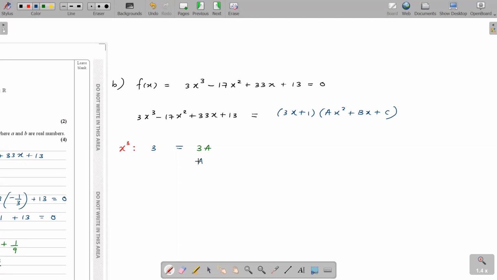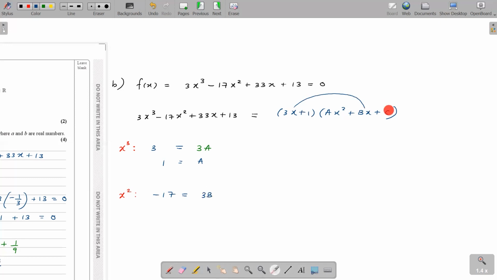So a equals 1. Okay, and then the next one. Shall we compare the coefficient for the constant? It's a lot easier. Or else we can go for the x squared. Okay, we'll go for x squared. We'll go in order. So when you go with x squared, what do you have for the x squared coefficient here? Minus 17 on the left side equals the x squared coefficient. 3x into bx is 3bx squared.